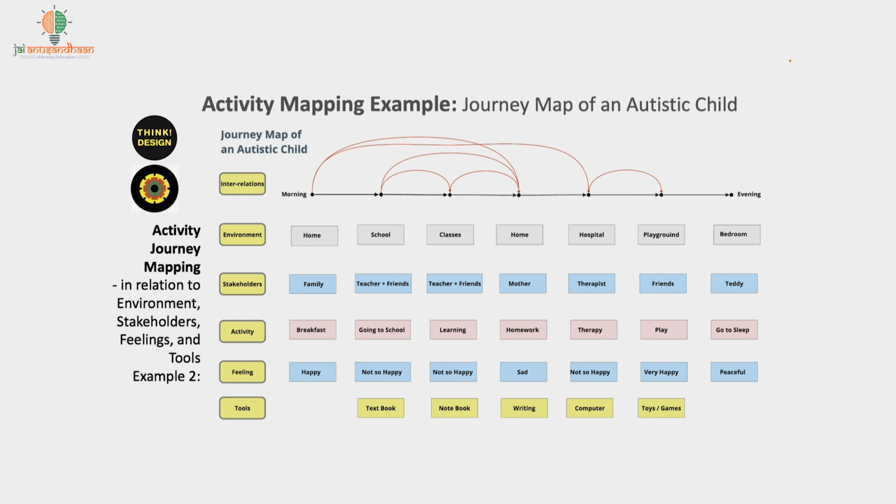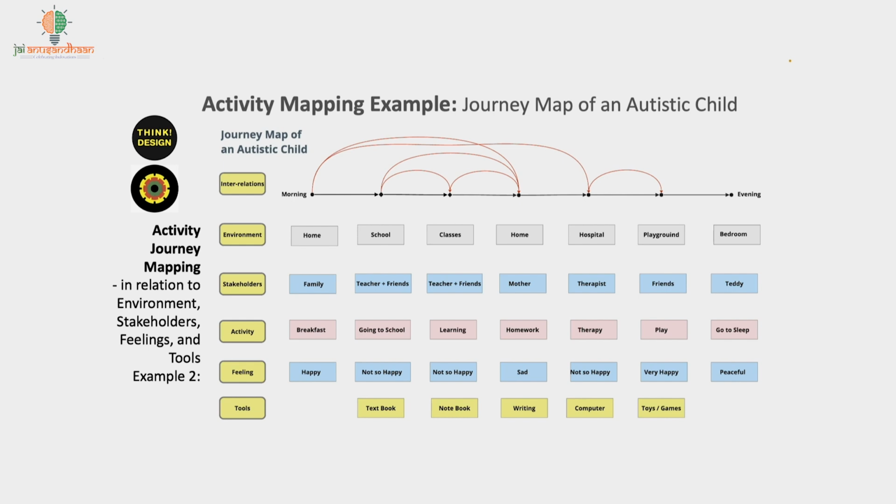So you look at it, the difference between the first and this, a day in the life of a child versus the journey map, is that in a journey map you are looking at many other factors in addition to the main activity which happens.